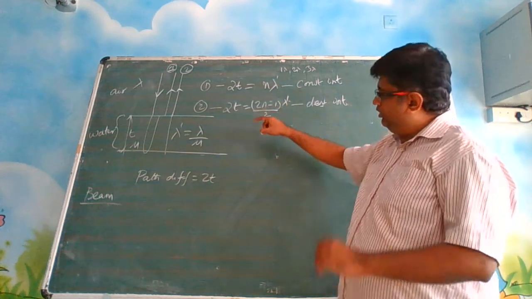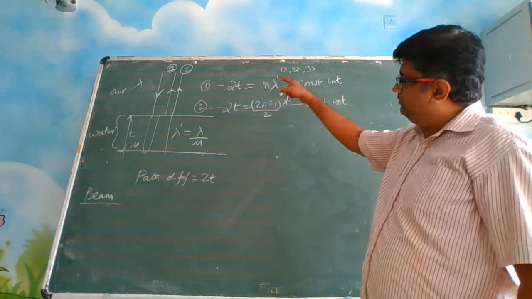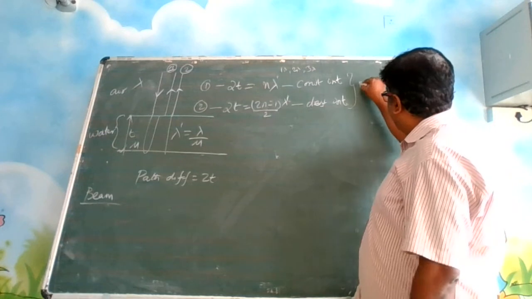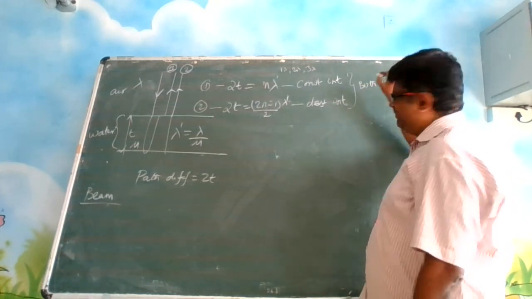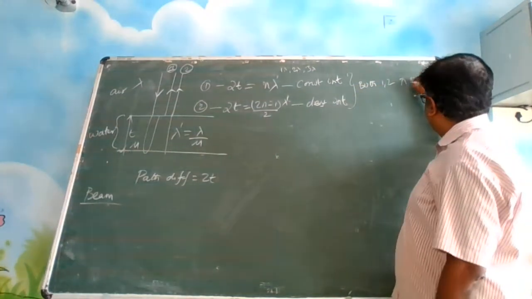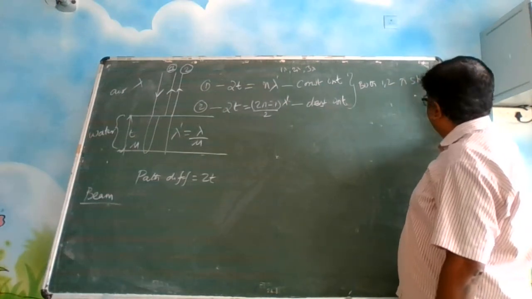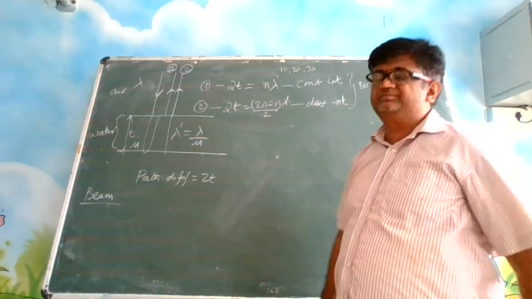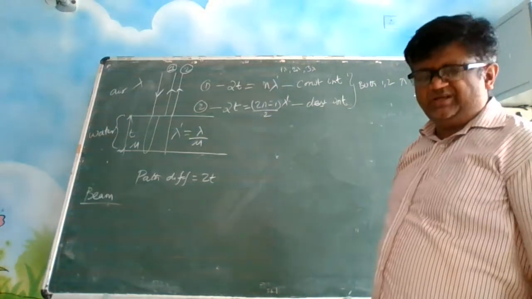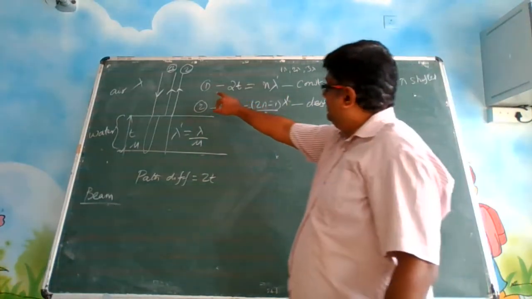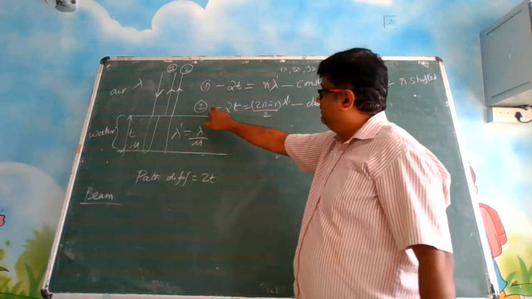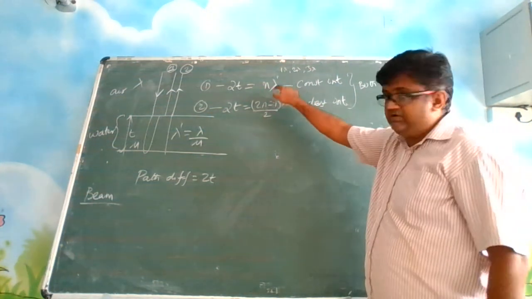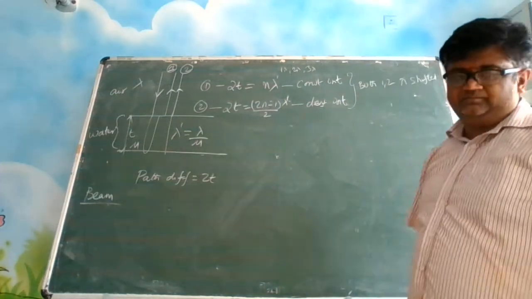Now if you got two rays here, both rays have pi shifted. Both 1 and 2 got pi shifted, let us say. Then the condition remains as it is. अगर ये ray भी pi shift हो गया और ये ray भी pi shift हो गया, then this condition I have written on the board is valid.